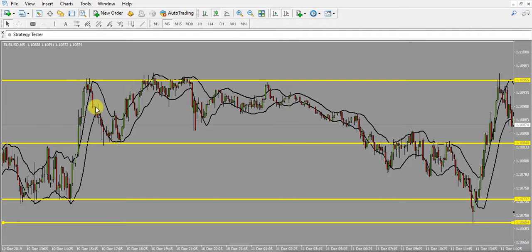First off, you mark your levels and then you're looking for breaks of these levels. So you got your levels here, price comes up, comes down. There's really no break. Price comes up, comes down. There's no break. And then as you see, price starts to come down here to this extreme level, has a little break, it whipsaws up, then it breaks down.